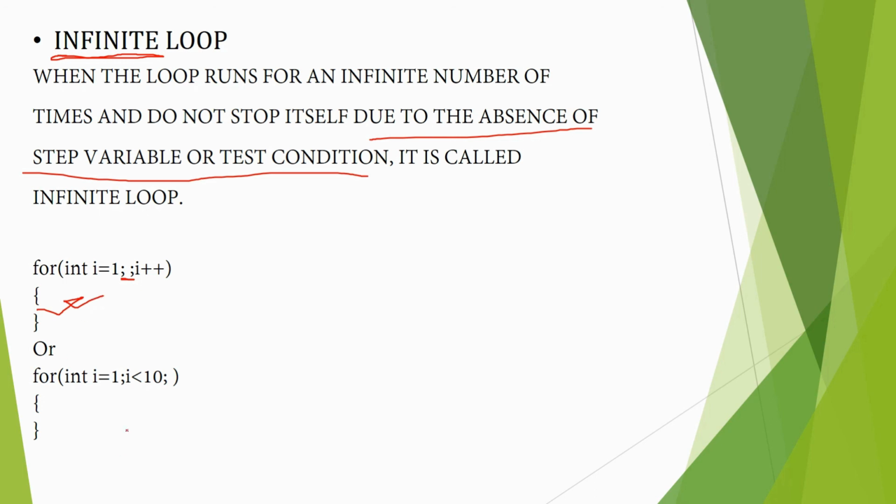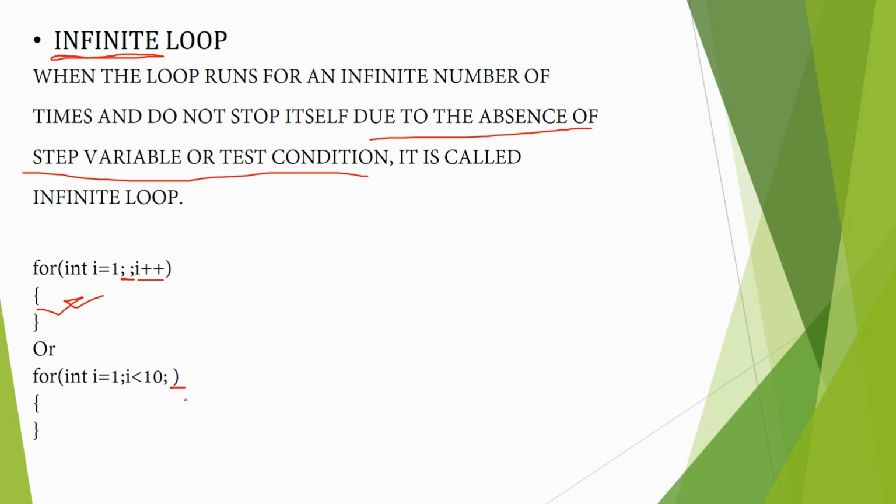Now absence of step variable. I have written here int I is equal to 1 semicolon I is less than 10. Now I have not put any step variable here. Step variable means the increment or decrement. I have not put any increment like this.